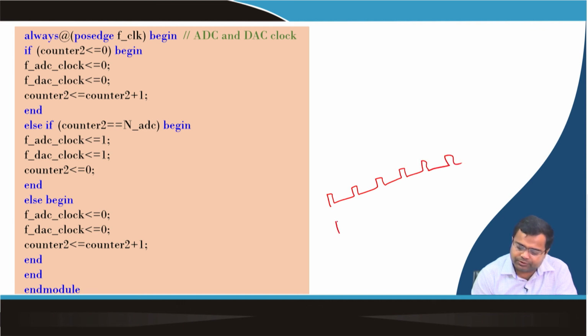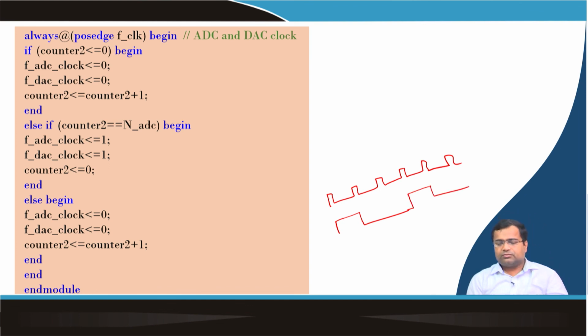First it will be high for one complete pulse, then 1, 2, 3, 4, and again at the 4th time it will be 1, and so on. So it will be divided by 4 clocks. It is a clock division.